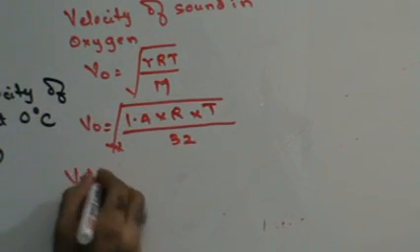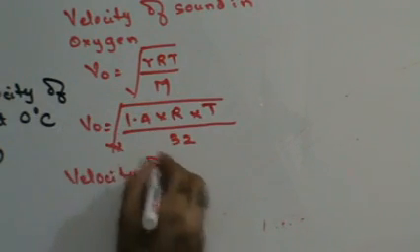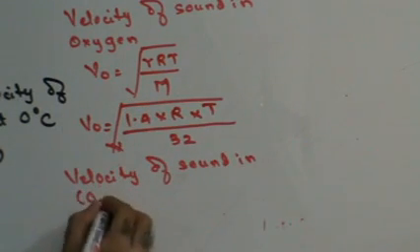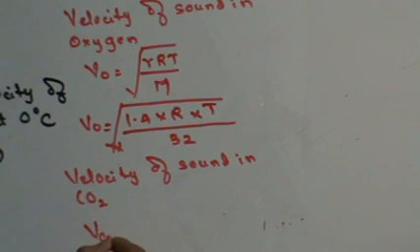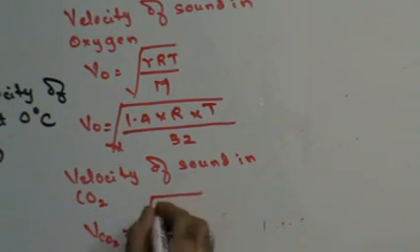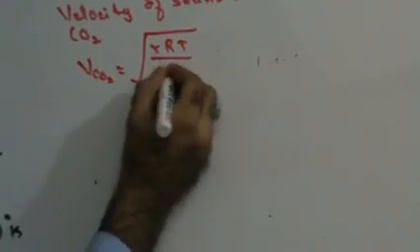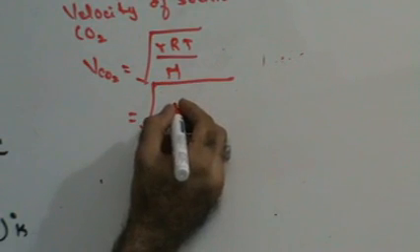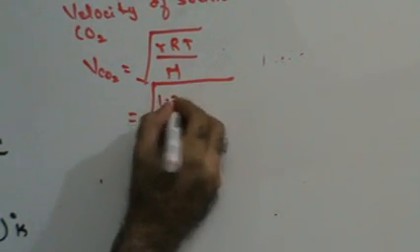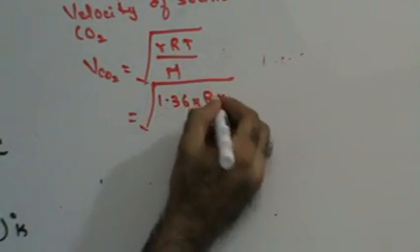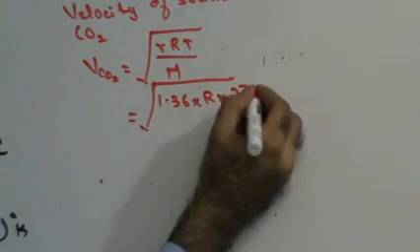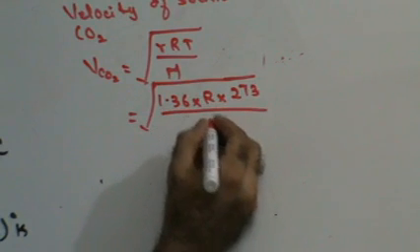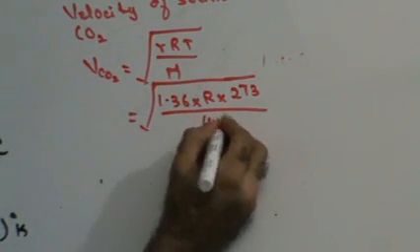Now let's find the velocity of sound in carbon dioxide. It will be the same, gamma times RT upon M. Gamma for carbon dioxide is 1.36, R, temperature 273, upon M, where M is the molecular weight of carbon dioxide, 44.